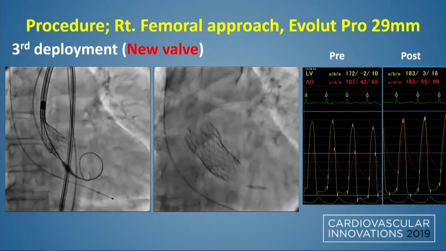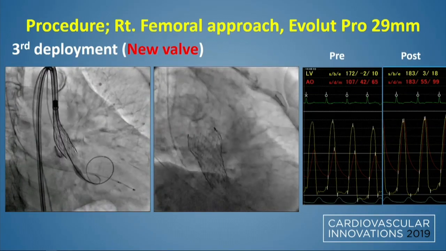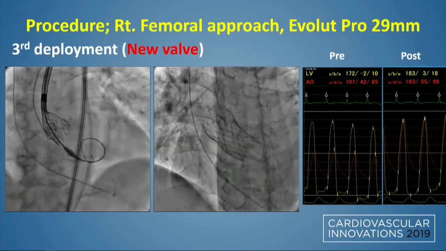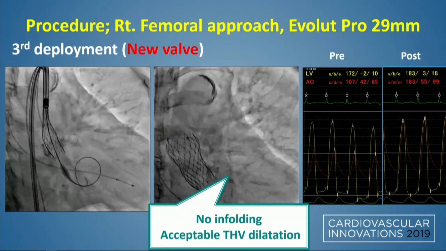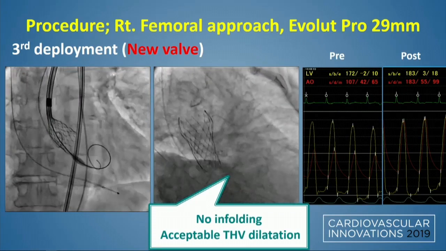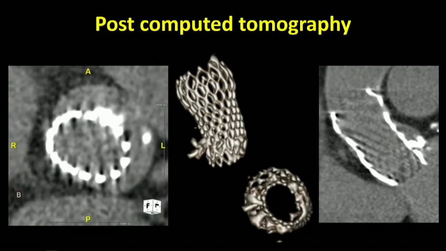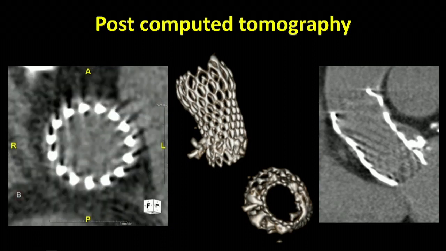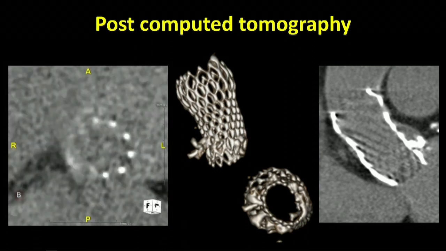Finally, we used a new valve. The redeployment procedure was successfully performed with acceptable THV dilatation and excellent hemodynamic improvement before and after TAVR. Post-procedure computed tomography confirmed an adequately expanded THV without enfolding.